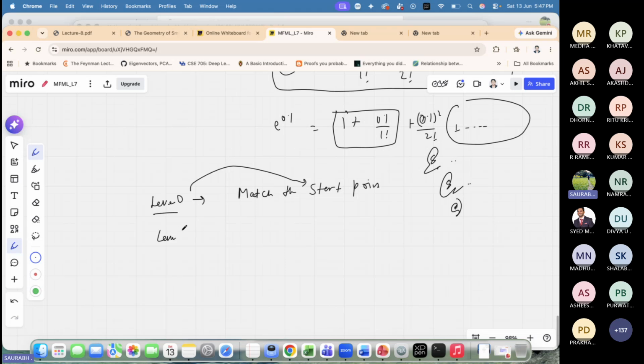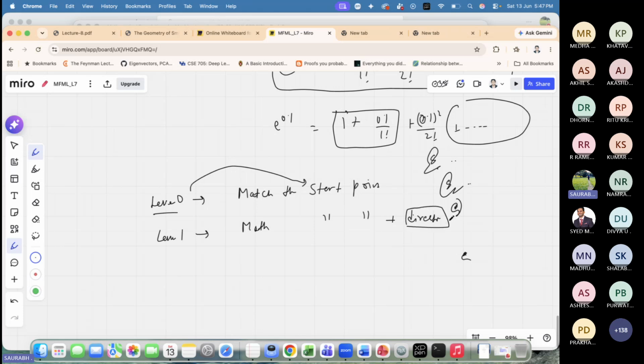Level 1 would be, the next approximation, if you have to approximate someone's signature. I know most of us might have done it at some point in life, right? So the second level of approximation would be to match the starting point plus the direction where it moves, right? So let's say you start from here, then how it curves, how it moves. So direction.